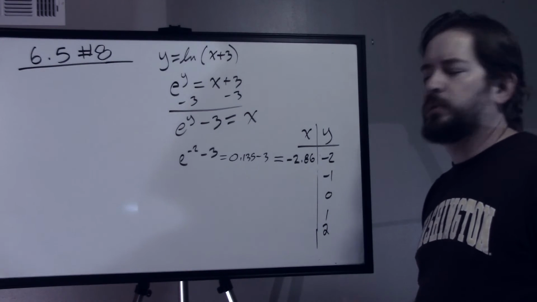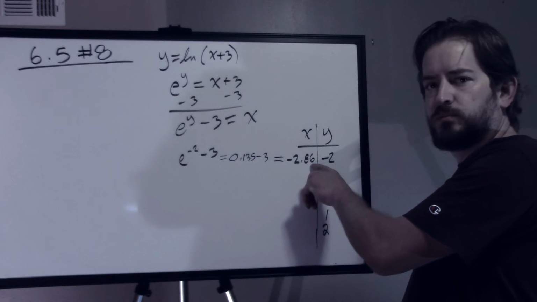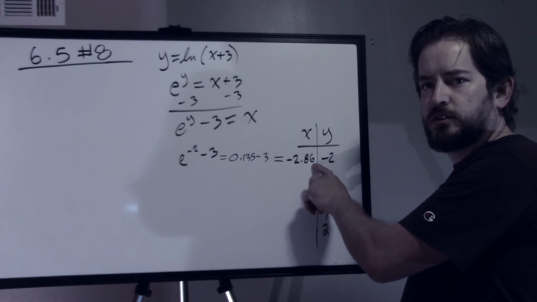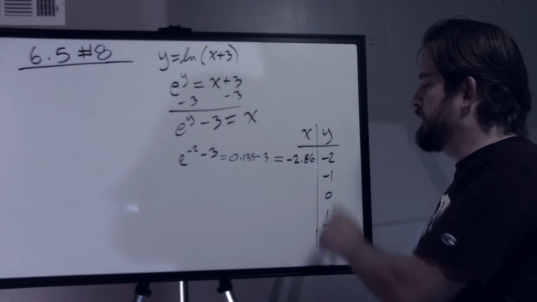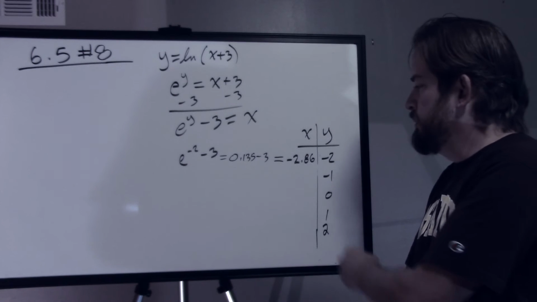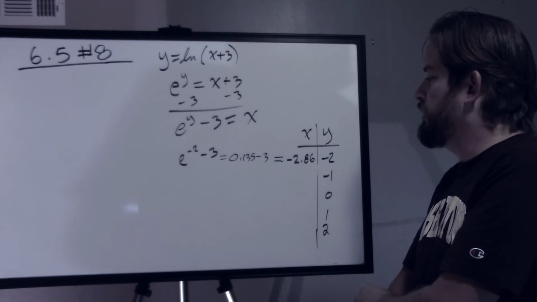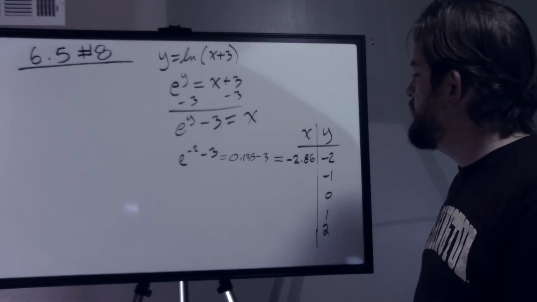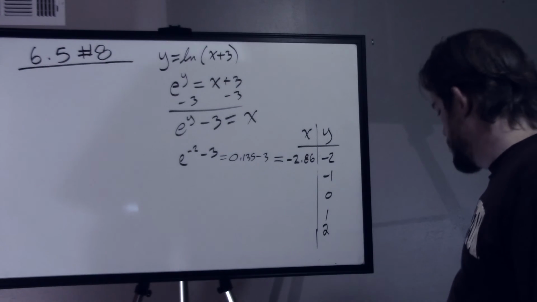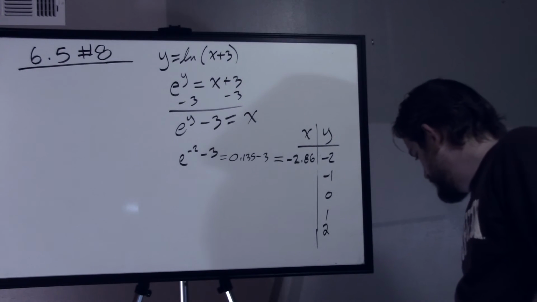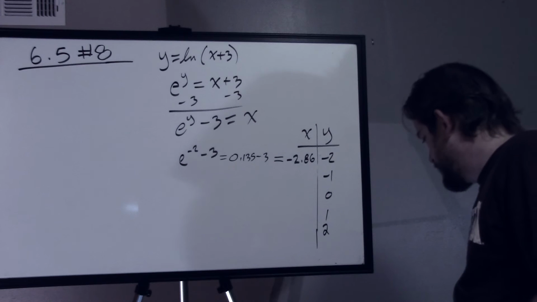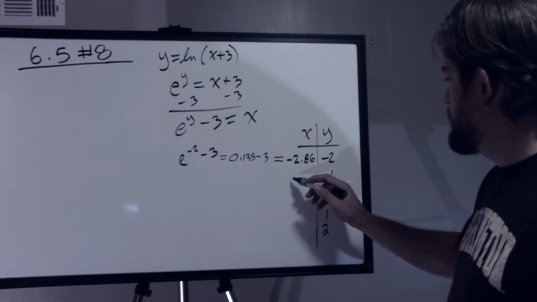Now if you're graphing this on paper, it's highly unlikely you're going to get so accurate that the last digits matter, but this first decimal point is probably important. I'll go through and do that with all of these, so let me take e to the negative 1, and then minus 3 gives me negative 2.6.